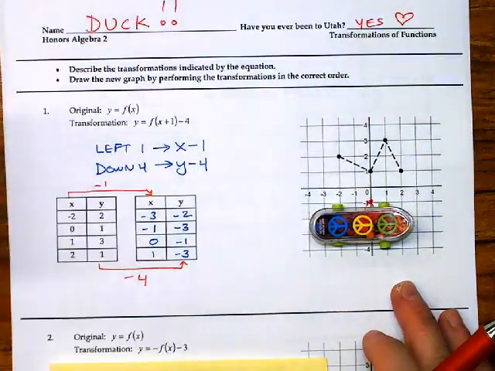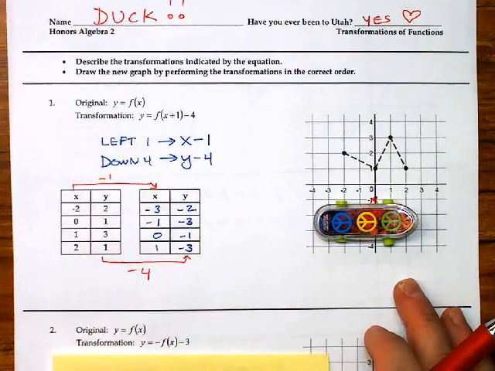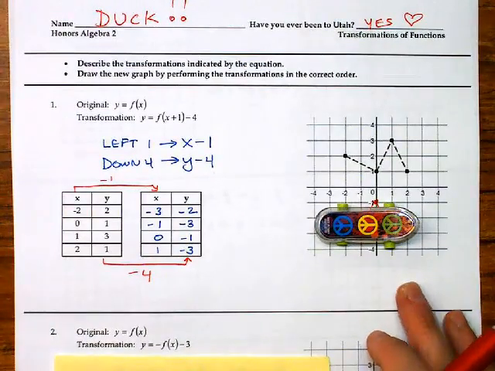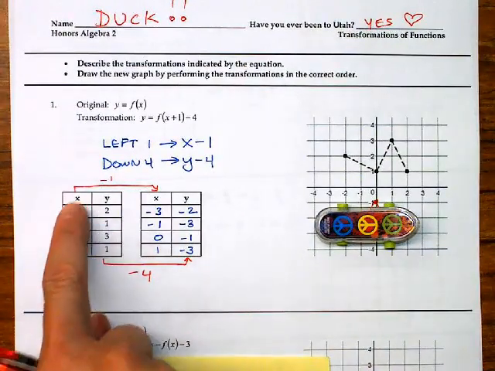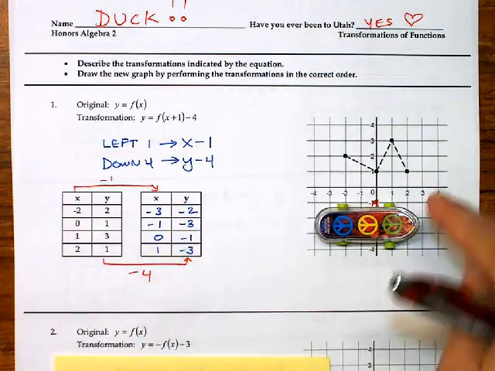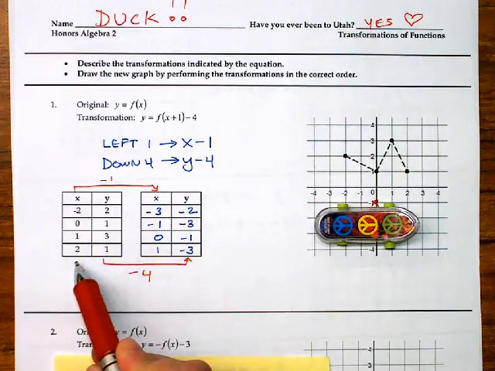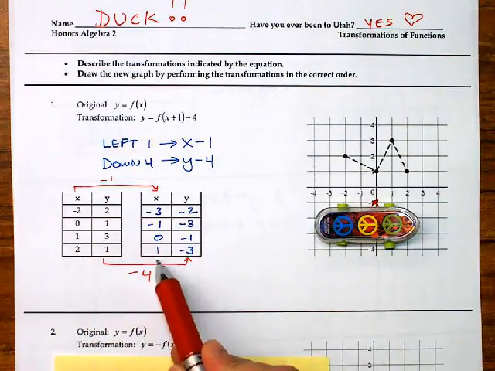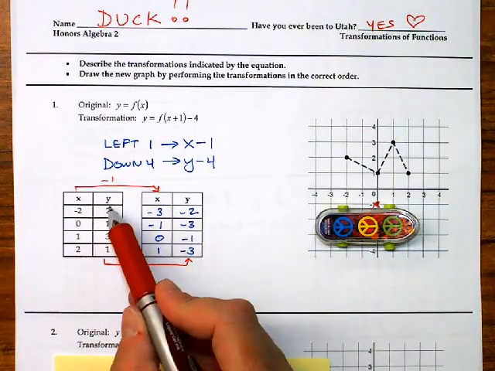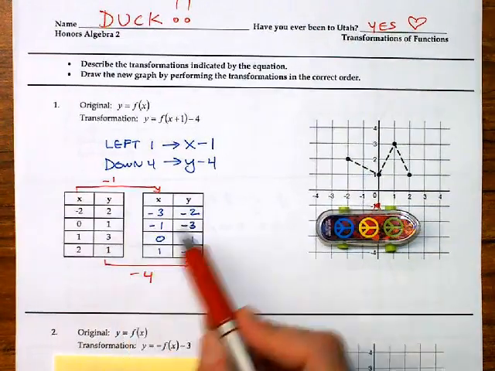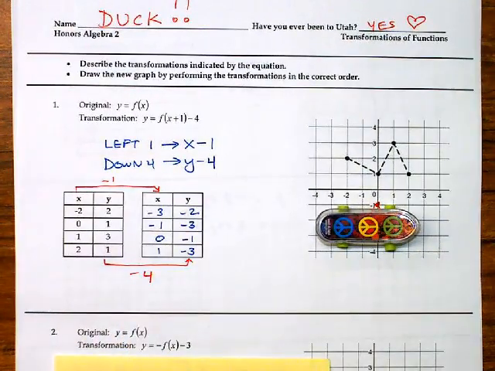So if we do these computations on the actual numbers in the chart, I've taken the original 4 points that make up this little random squiggle. I subtracted 1 from all of the x values, and here's where they are. And then I subtracted 4 from all of the y values, and here they are.